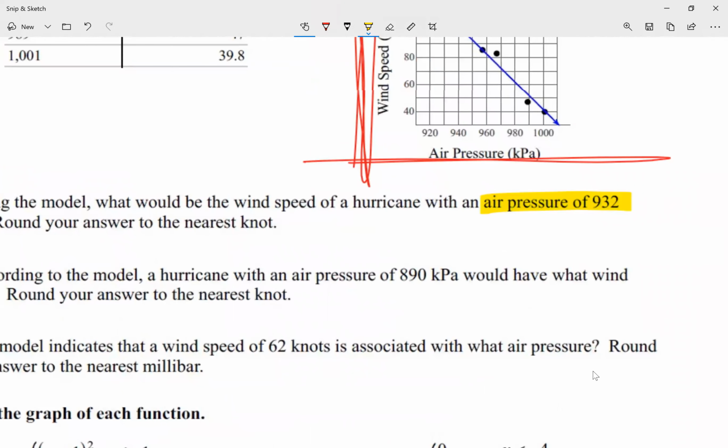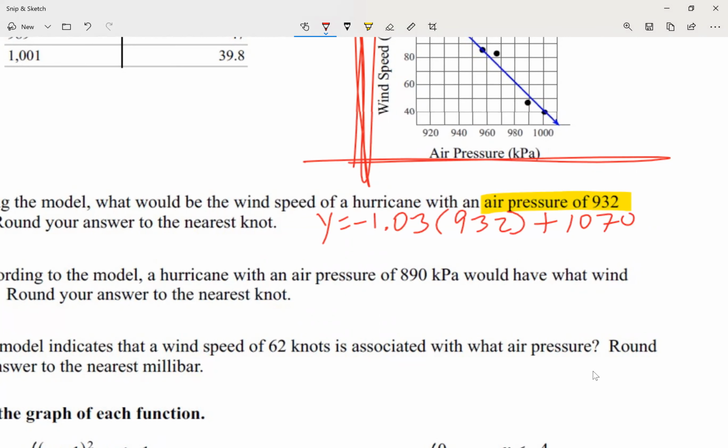Okay, the air pressure. Remember we said the air pressure was the Y value. No, the X value. So I'm going to use the equation, but instead of X, I'm going to use 932. All right, so having that said, let me write this as Y equals negative 1.03, and instead of X, I'm going to use 932, plus 1070.